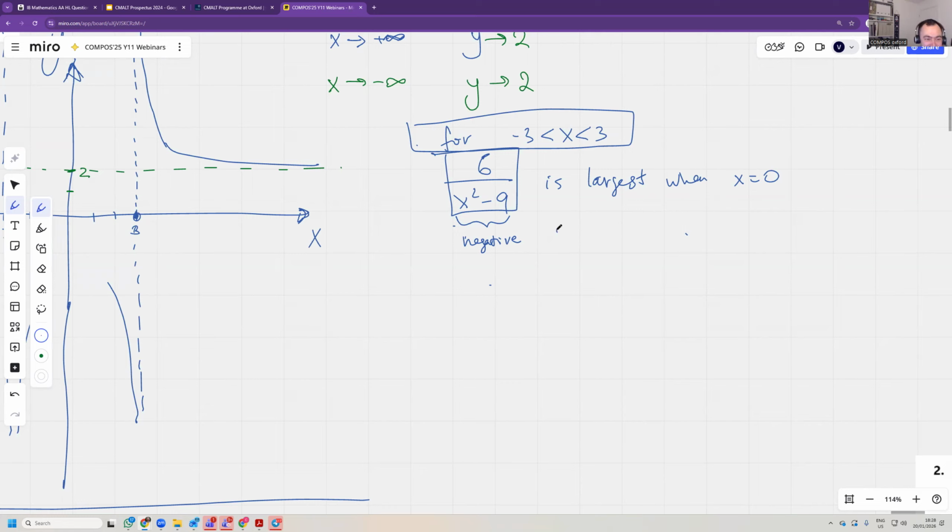And that means that the max value is simply f of 0. F of 0 is 6 divided by 0 squared minus 9 plus 2, which is negative 6 over 9 plus 2, which is 18 minus 6, 12 over 9, which is, divided by 3, 4/3.